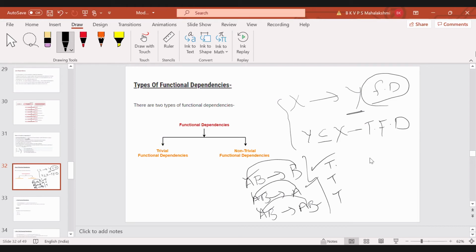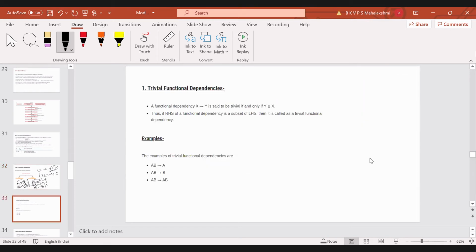And what about non-trivial then? Suppose it's not a subset of this. It's not a subset of this. So all these come under non-trivial functional dependency.